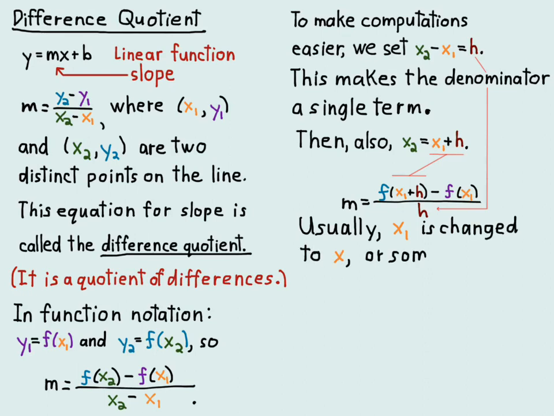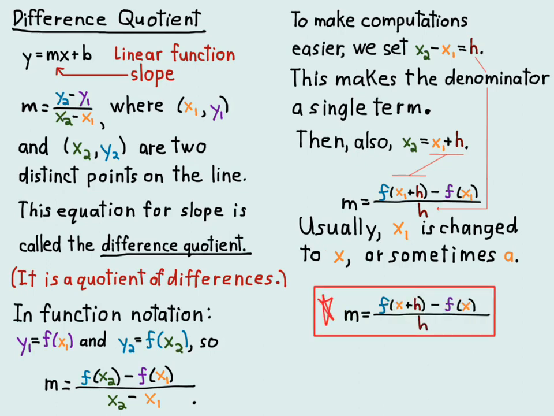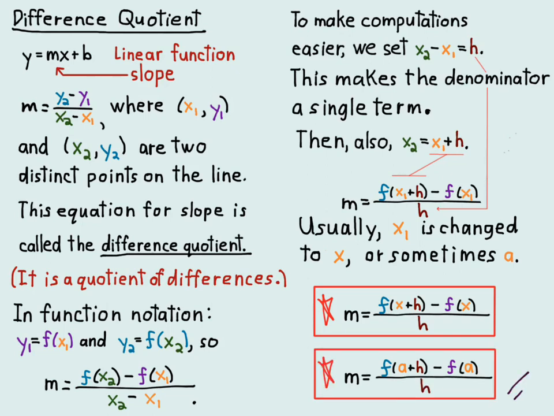So the slope is f of x plus h minus f of x over h. Or if I use an a instead, f of a plus h minus f of a over h. That's just substituting a for x in the previous one. They both mean the same thing, as far as we're concerned.